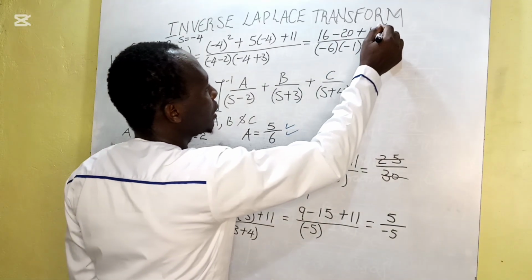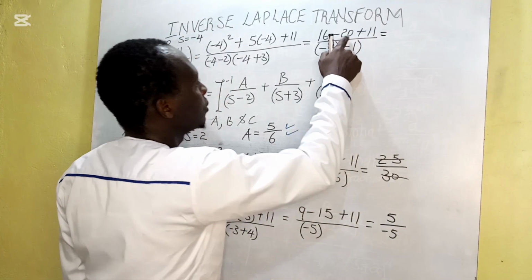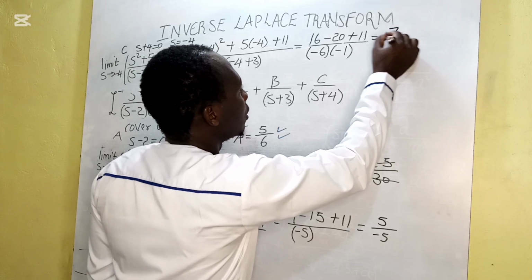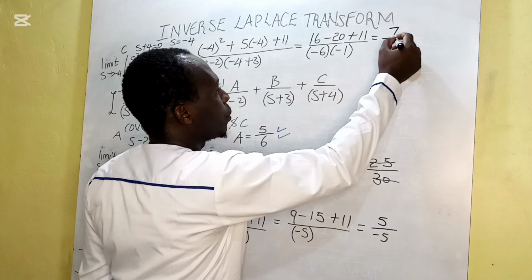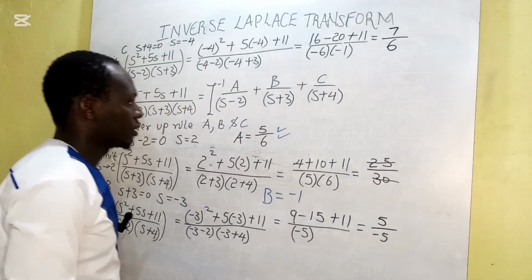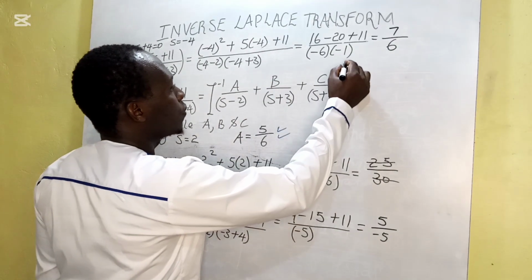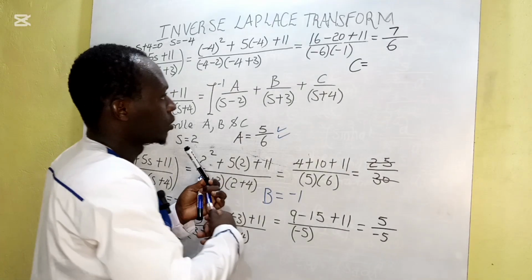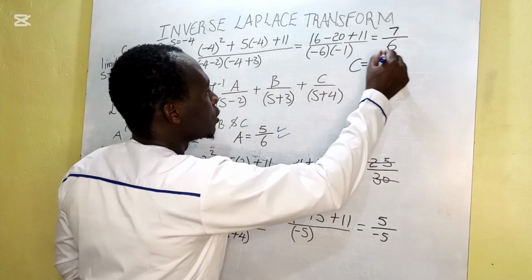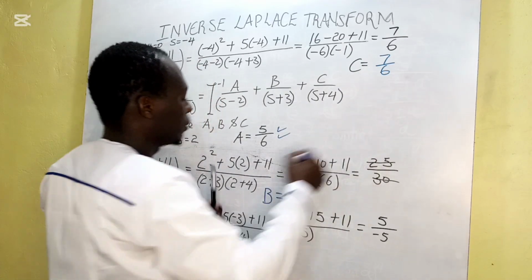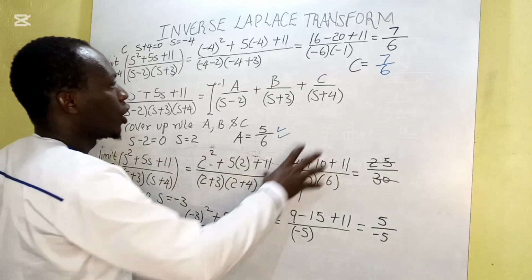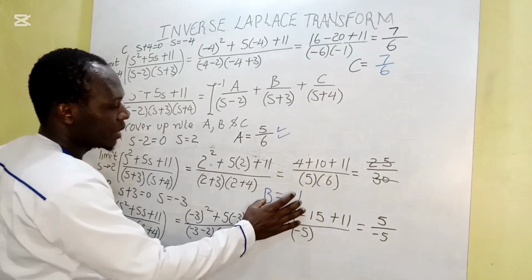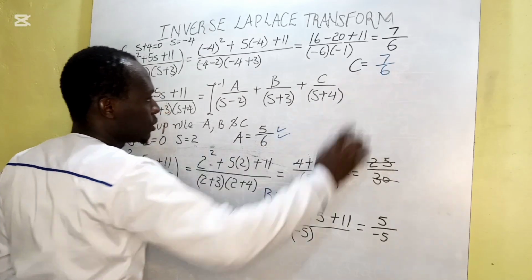On the numerator, here we are going to have a positive of 7, all over a positive of 6. The value of C now, C will be equal to 7 all over 6.